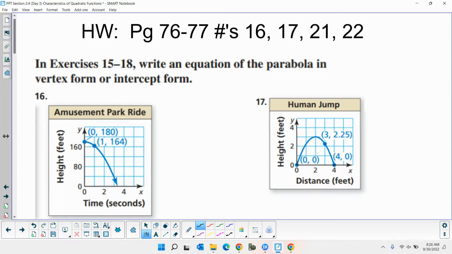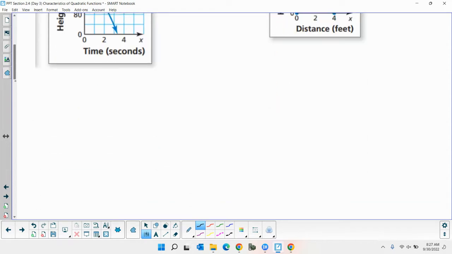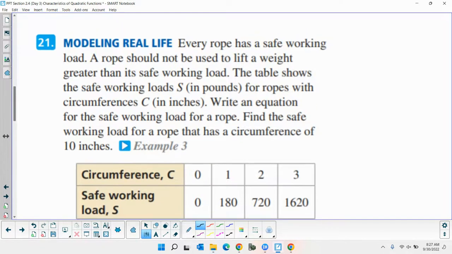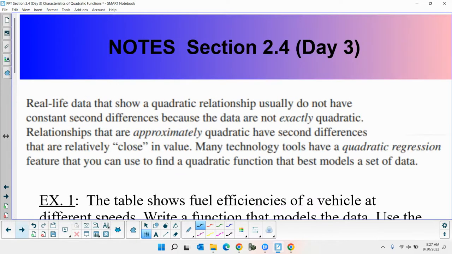Does anybody have a question on 16 or 17? Connor? Okay. Just checking. We're good? And then 21 and 22 is like the warm-up, using your calculator. Everybody do okay on those two? All right. You guys are too smart.